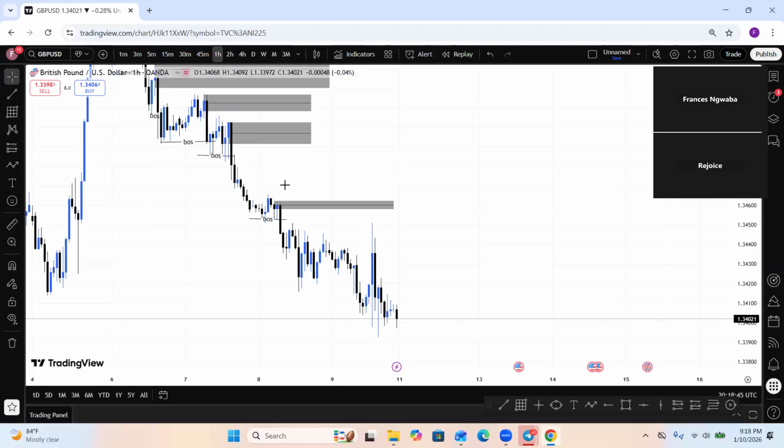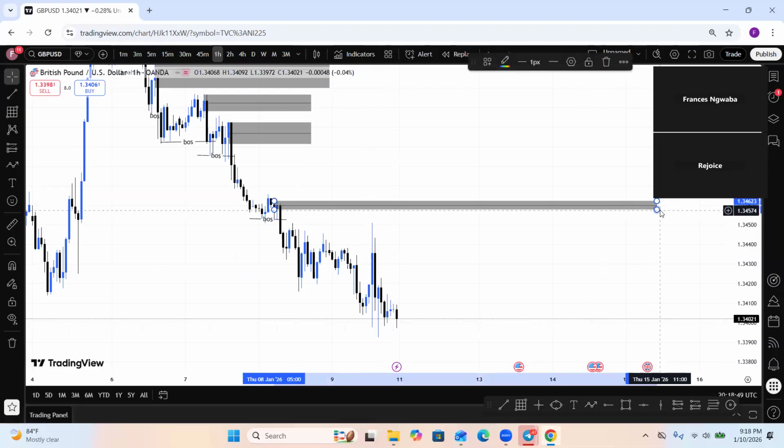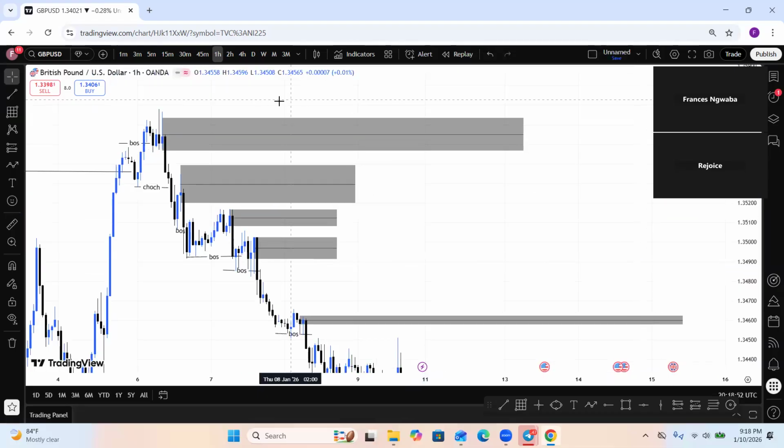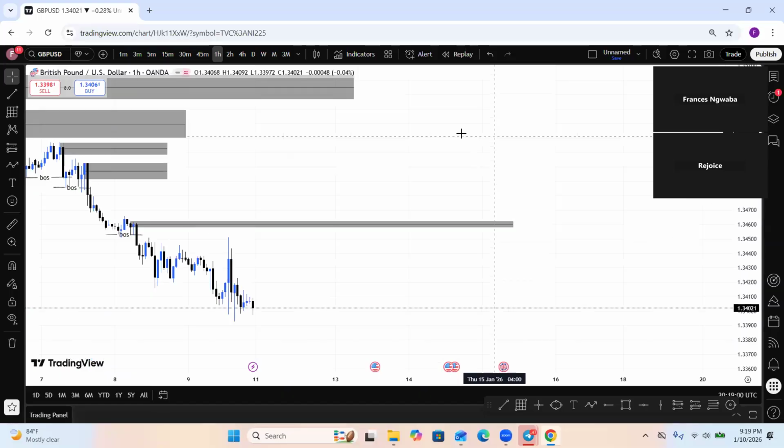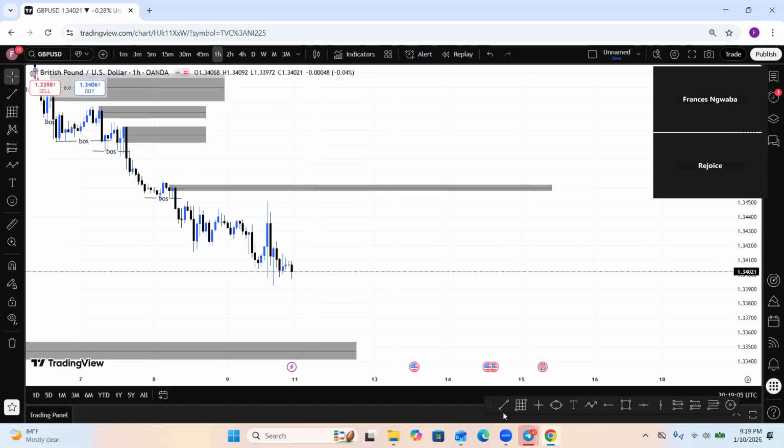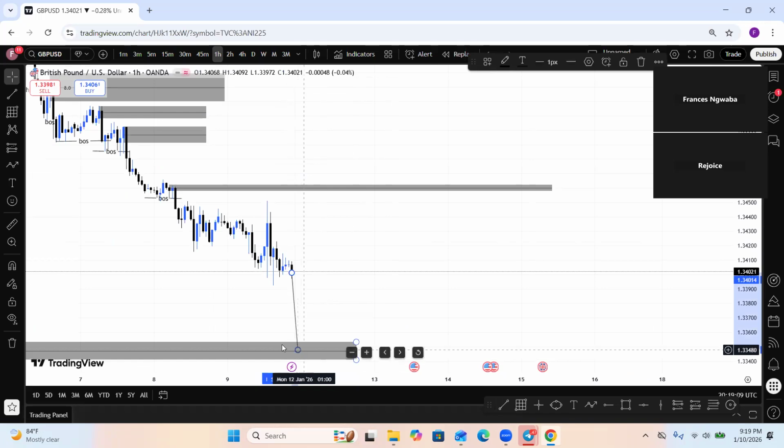If I want to take a trade now on GJ, I'm going to wait for price. I'm going to take from this order block because all this price is still far. Before price will get here on GBPUSD, it will take time. Do you understand? So I used to wait for the most recent structure. So if I'm going to take a sell on GBPUSD, I'm going to wait for price to come and tap into this order block.